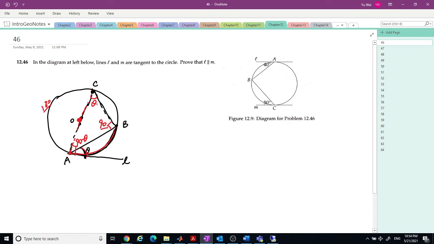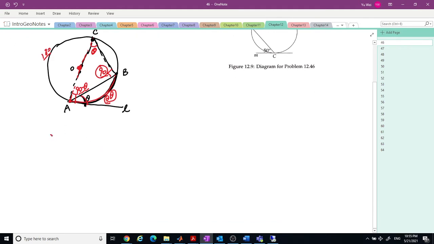Now, this plus this is 90 degrees, so this is theta. That means the angle of the arc AB is 2 theta. This is a very important result, and we always need to use it.